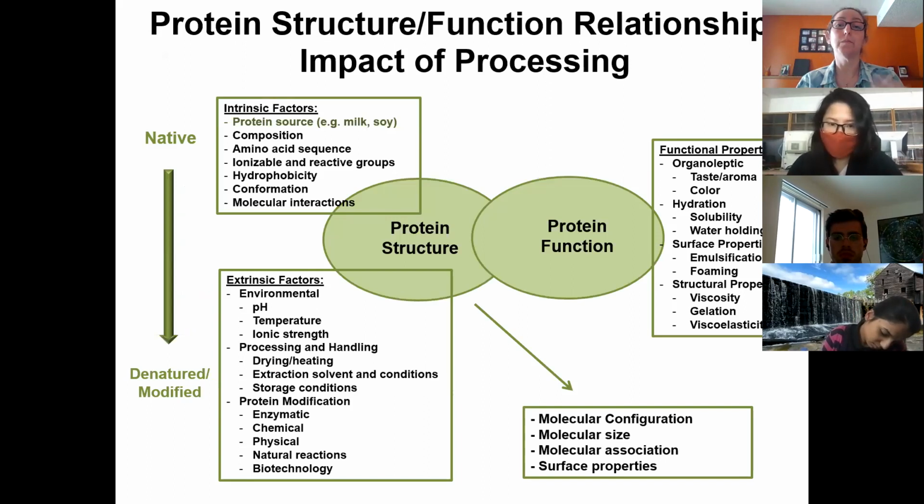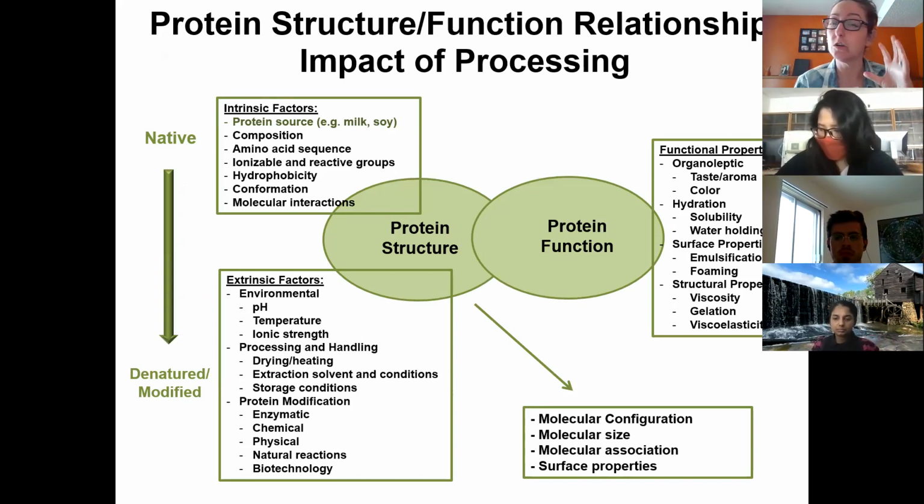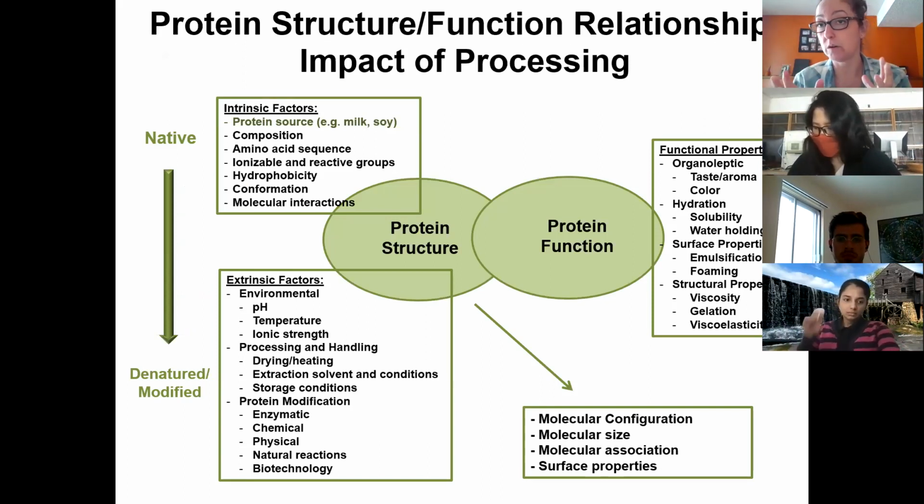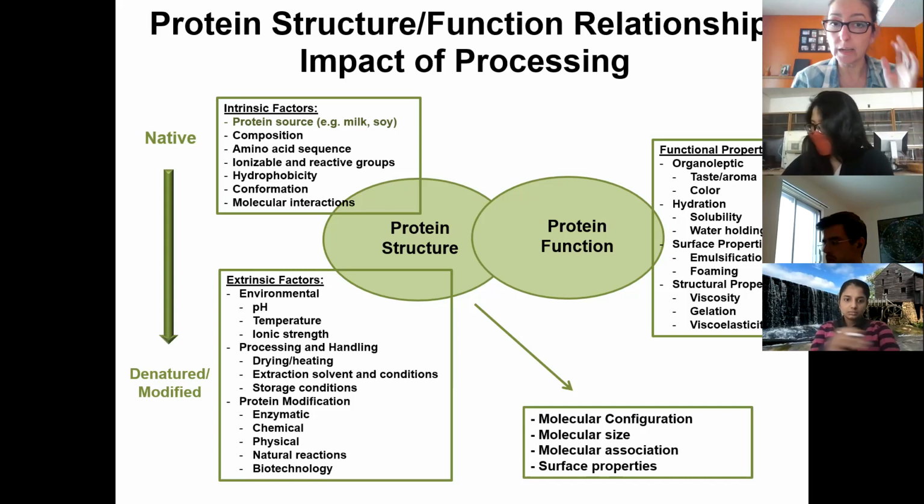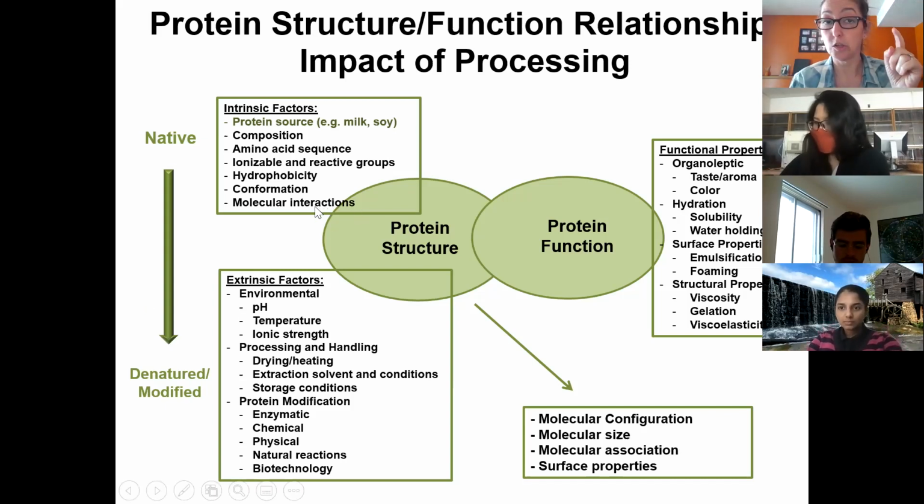All right, so bringing you back to the map of where we are. What we covered so far is the protein structure and the intrinsic factors that impact the protein structure. And then we covered analysis of the structure. This is important because what we want to do next is look at how the protein structure changes upon denaturation or modification.